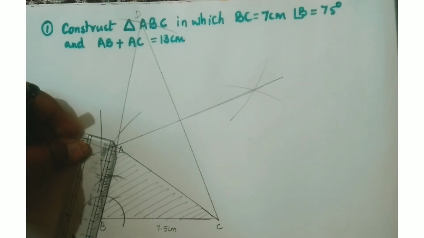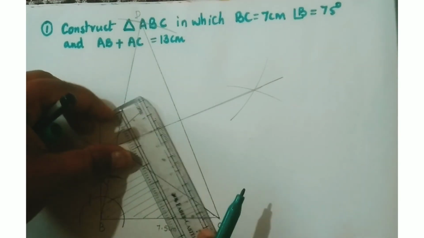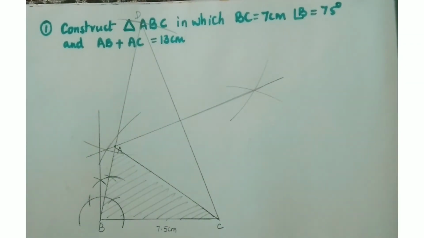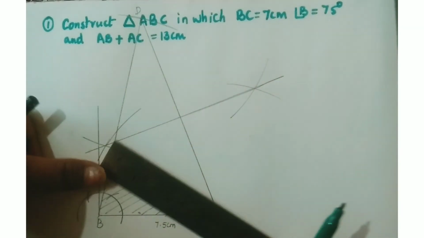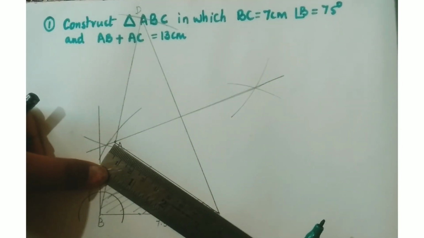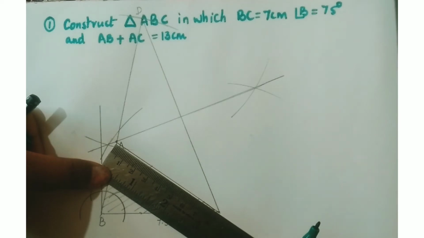It is 4 point something, you are getting 4.8, yeah, 4.7 or something here. And then we will see what the measure of AC is.